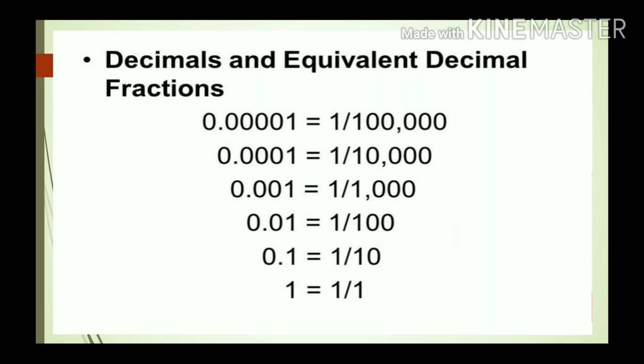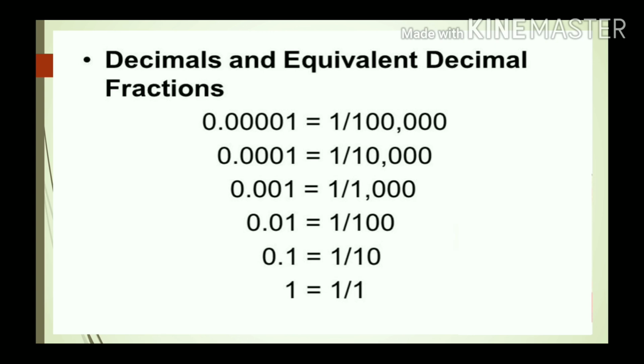Now at the last, students, I'm going to tell you the relation between decimals and their equivalent decimal fractions. I'm going to start from the bottom. So 1 is equal to 1 by 1, 0.1 is equal to 1 by 10, 0.01 is equal to 1 by 100, 0.001 is equal to 1 by 1000, 0.0001 is equal to 1 by 10,000, and 0.00001 is equal to 1 by 1 lakh.